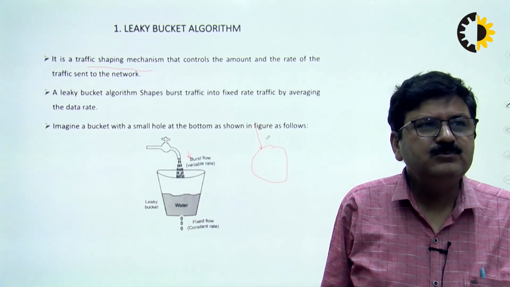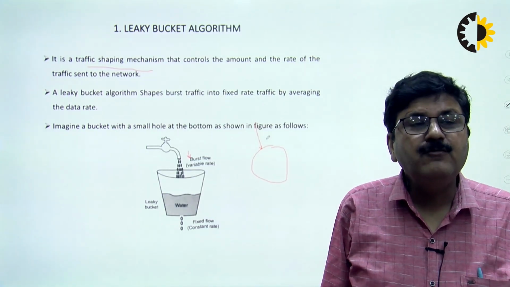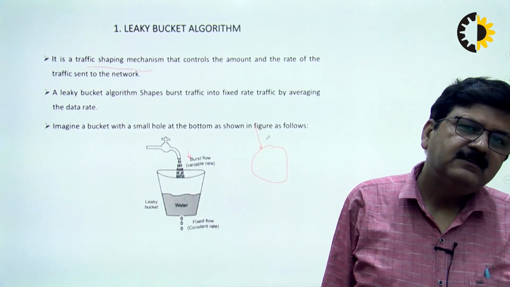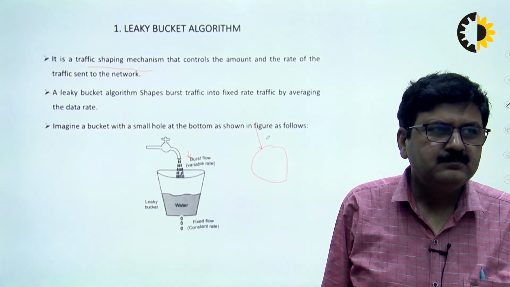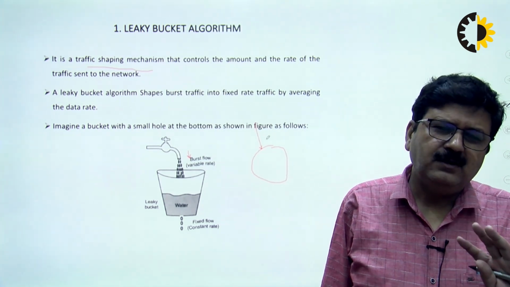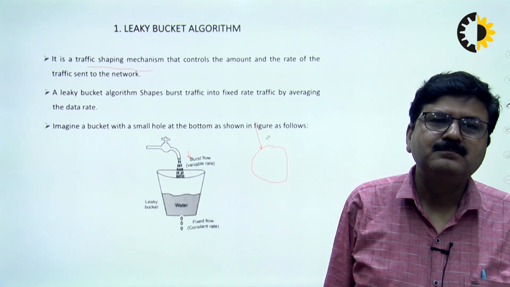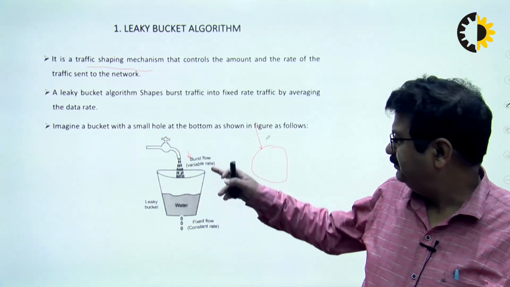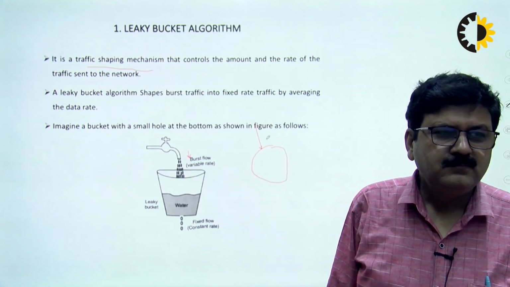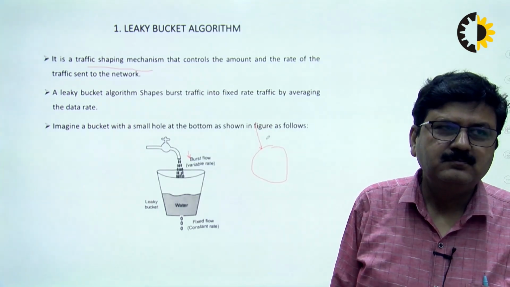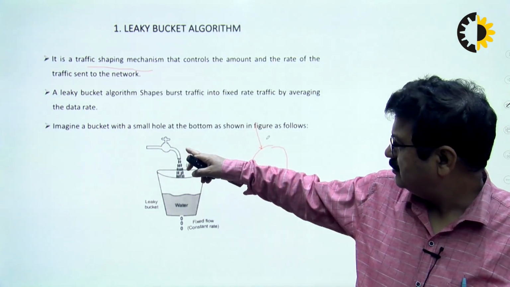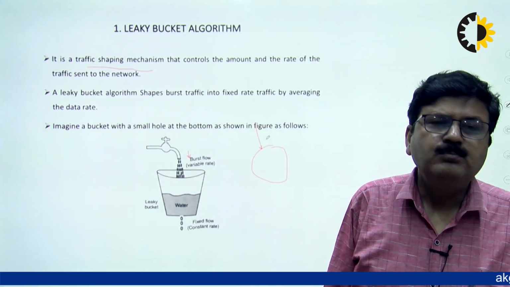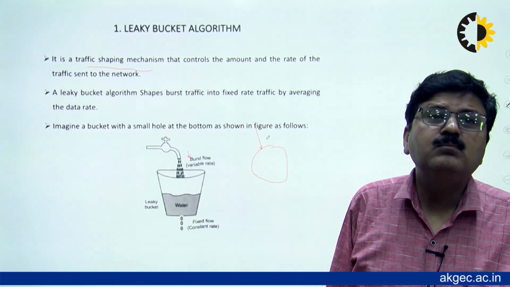The leaky bucket algorithm shapes burst traffic into fixed traffic by averaging the data rate. You can understand it with a real-time example. This is just like a tap and there is a bucket. The water coming from the tap into the bucket is the burst flow. What do we mean by burst flow?